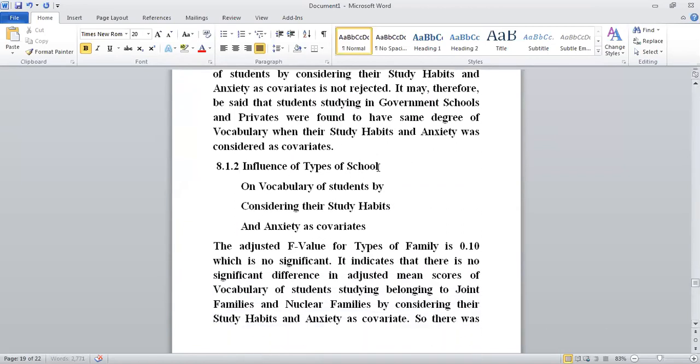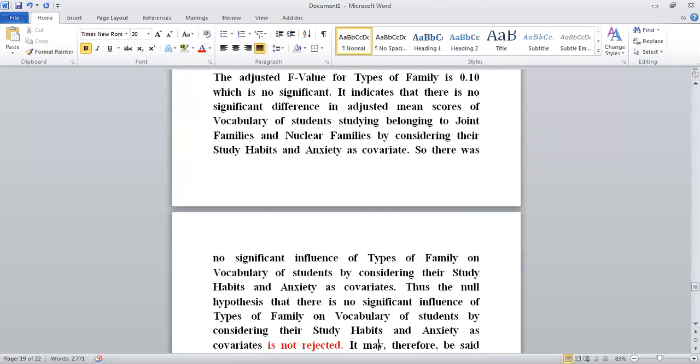So here it was types of family. Because this is normally the problem: if you copy and paste and forget to make the appropriate changes, then you will have problems. So be careful.